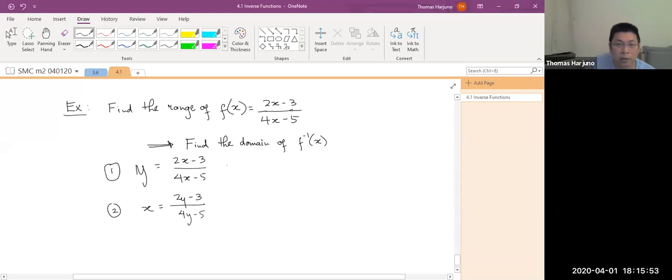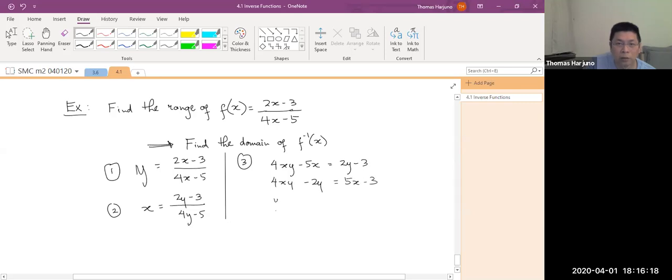Step 3, 4xy minus 5x equals 2y minus 3. 4xy minus 2y equals 5x minus 3.